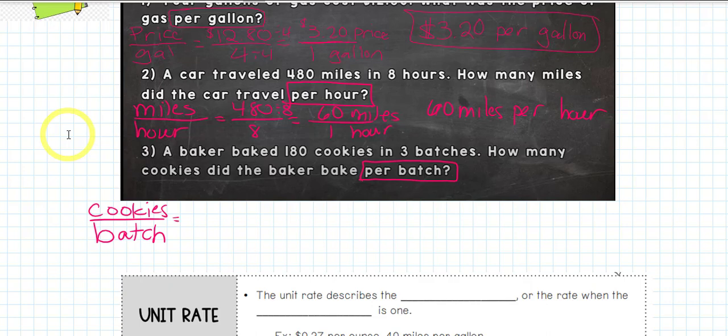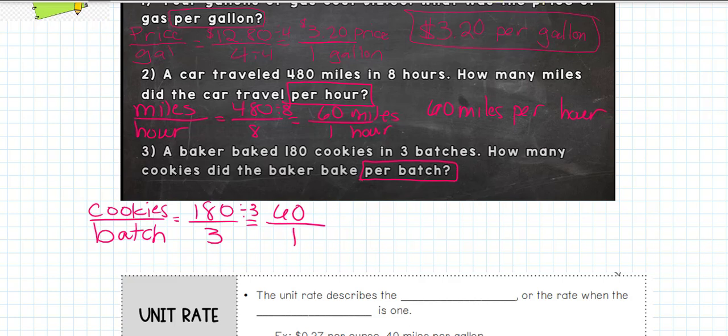The information given tells me that there are 180 cookies in 3 batches. And now I create my unit rate with a denominator of 1. And I'm dividing the rate by 3. 180 divided by 3, 60. So that would be 60.